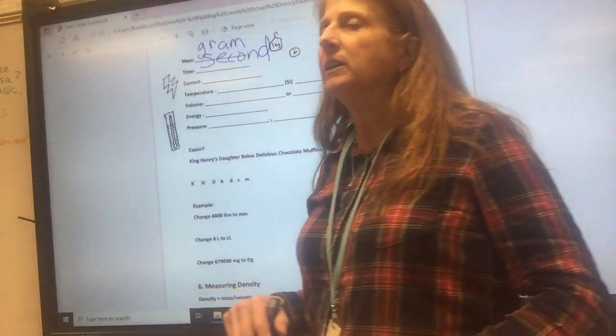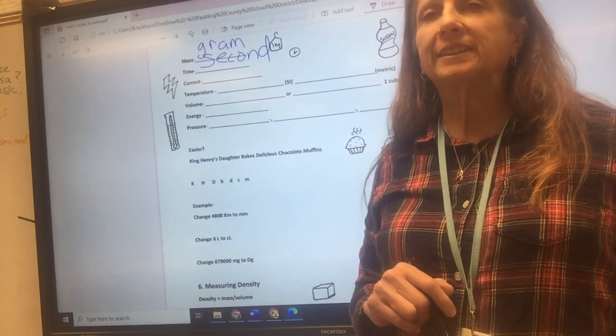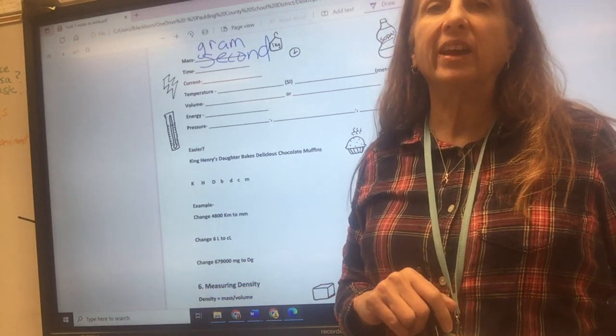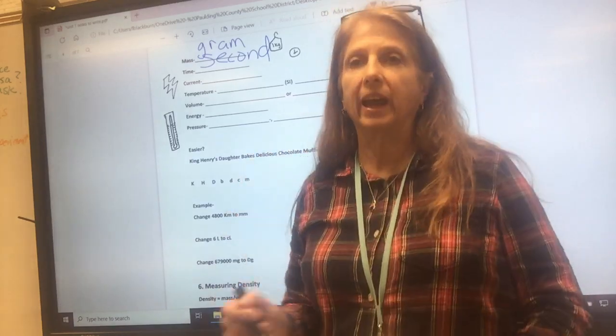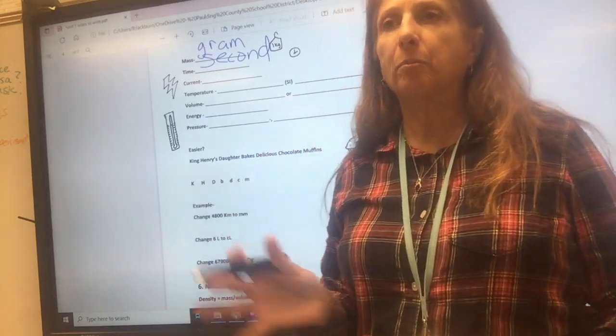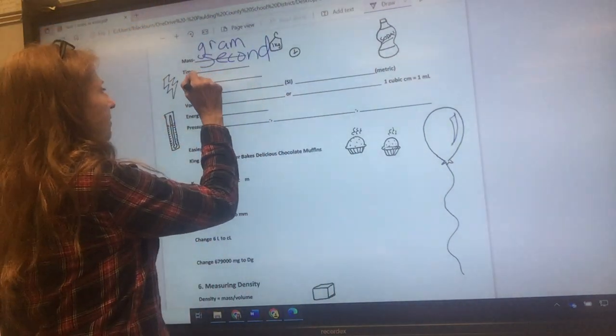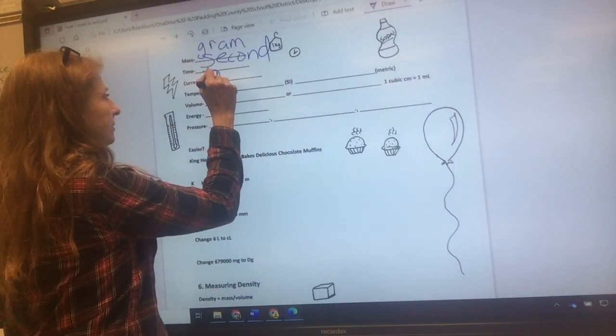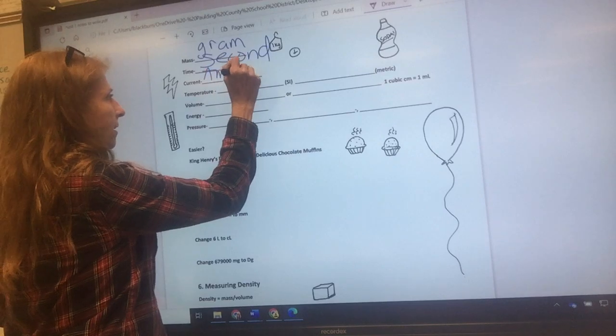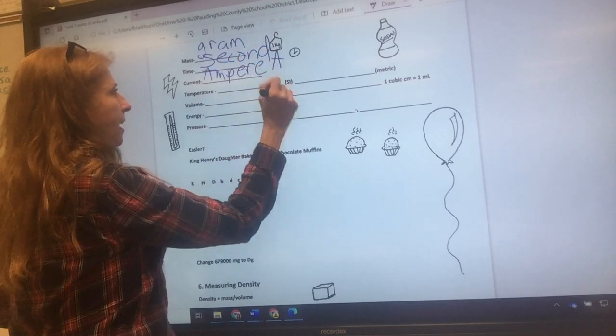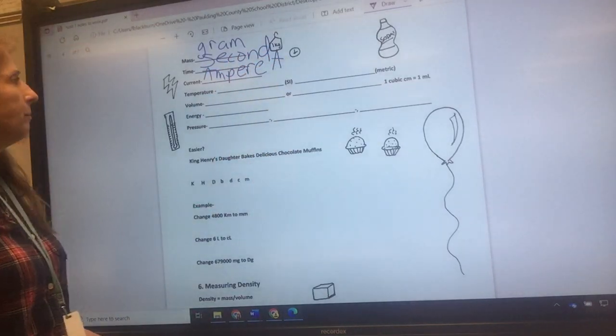Now current, you might not know, it's ampere, but it's abbreviated amp, and you've heard of amps, right? Amps, maybe in a car stereo or something. So it is ampere, and the symbol is big A, okay, ampere.